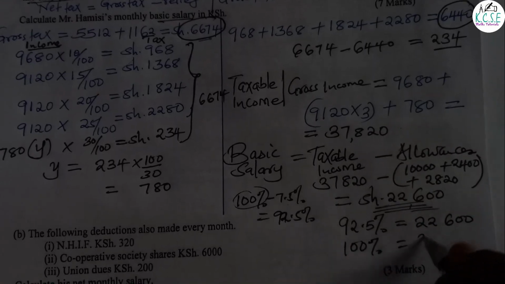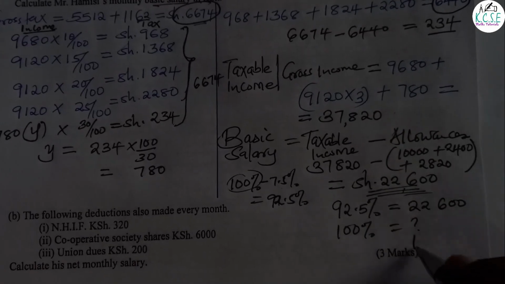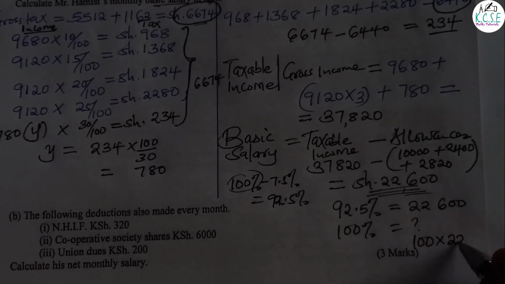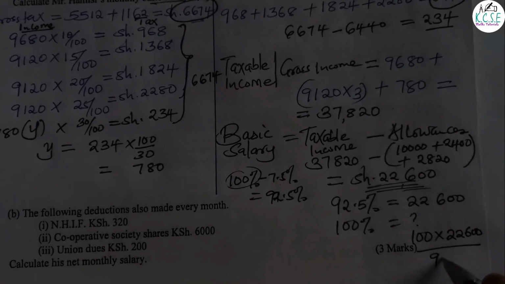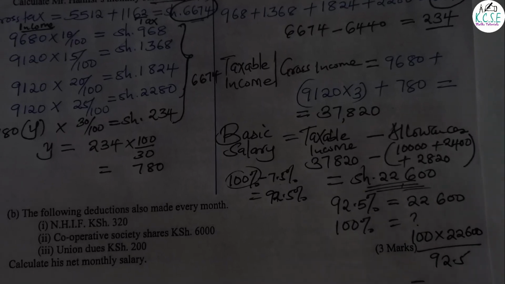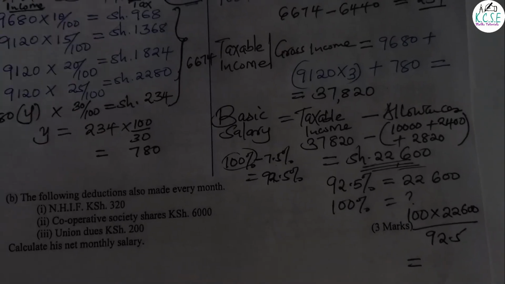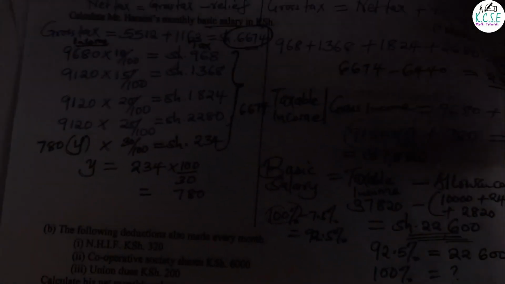So what about 100%? You just need to cross multiply here. You get 100 times 22,600, then everything divided by 92.5. Just use a calculator to do this.